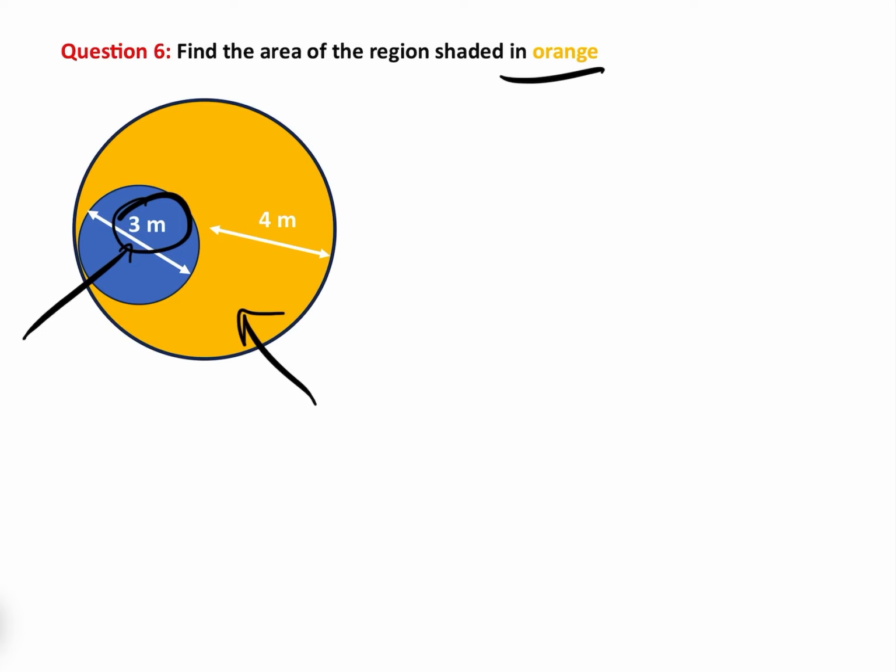So the area of the big circle is pi times 4 squared, because the radius is 4. And the area of the little circle is pi times 3 over 2 squared. And this is in meters, so be careful of those units.